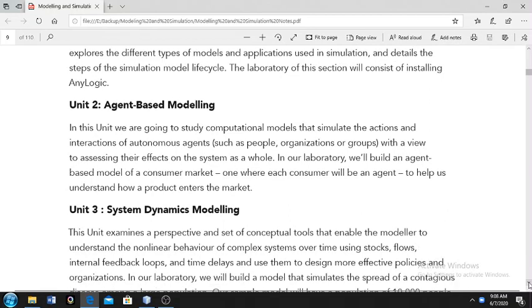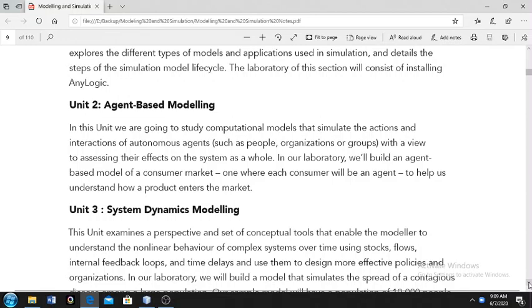In this unit, we are going to study computational models that simulate the action and interaction of autonomous agents such as people, organizations, or groups, with a view to assessing their effect on the system as a whole.